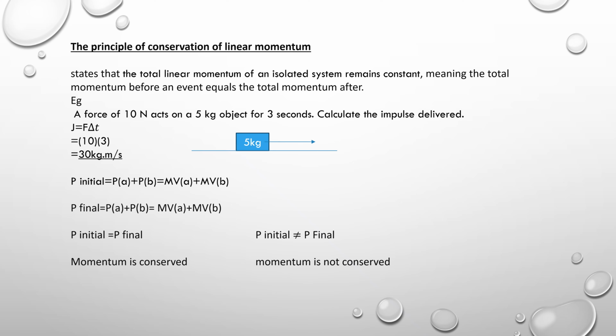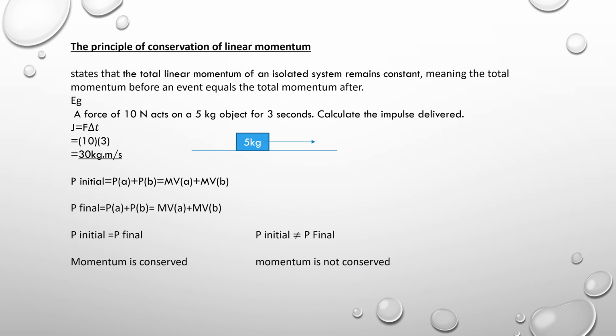Momentum final is going to be momentum of object A plus momentum of object B, which is equal to mass of object A times velocity of object A plus mass of object B times velocity of object B. So you're going to say momentum initial is equal to the momentum final.